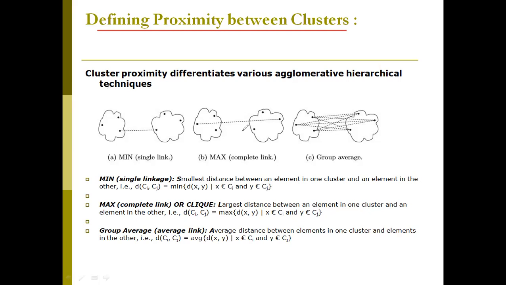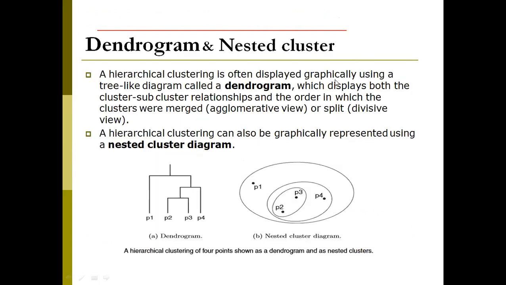Right, in the previous example, what did we do? Out of the four data points P1, P2, P3, P4, first of all we would know which data points are near, which data points have similar features. P2 and P3 have similar features.